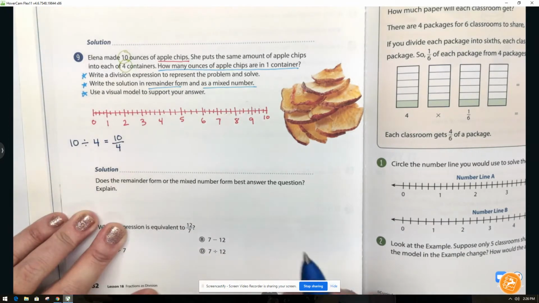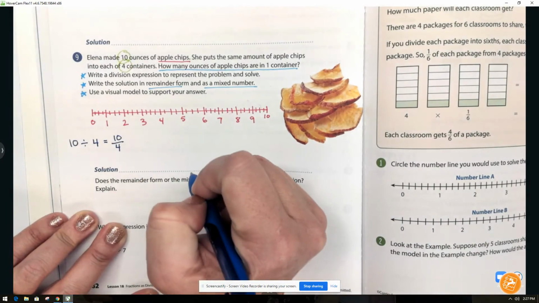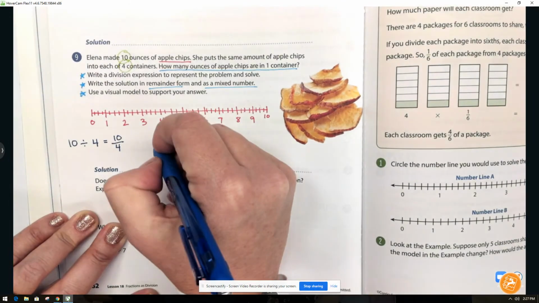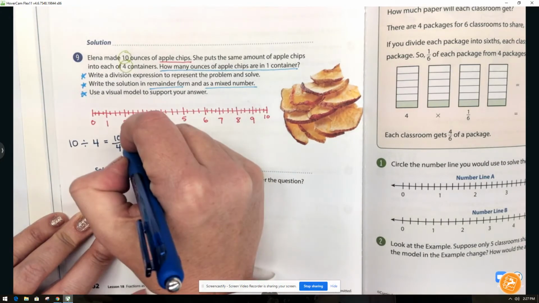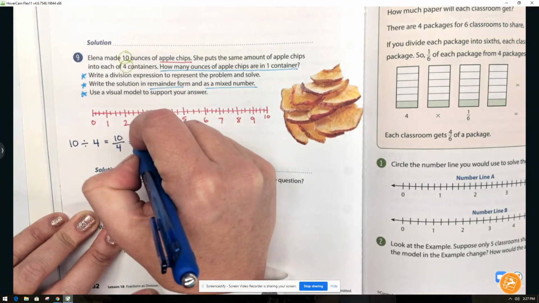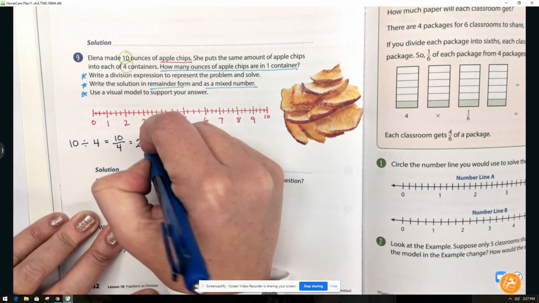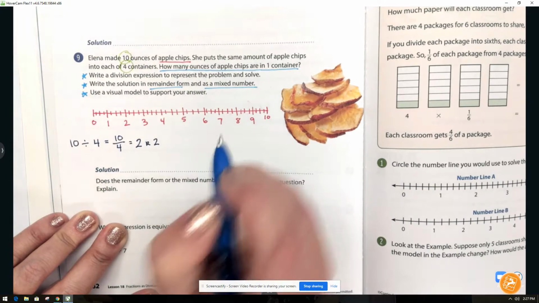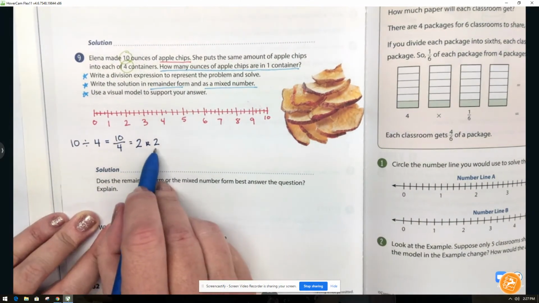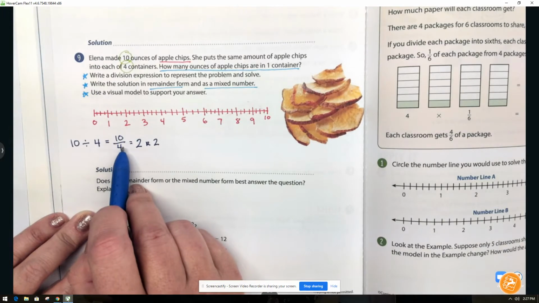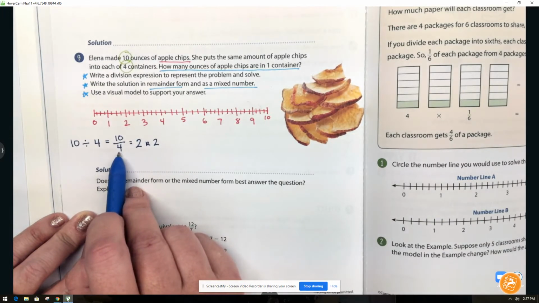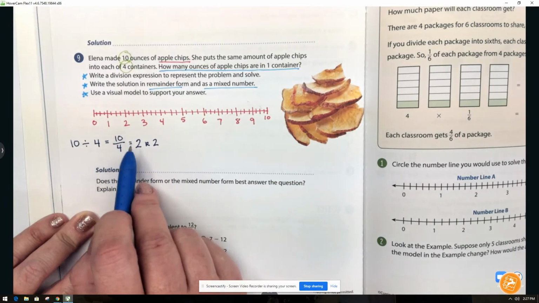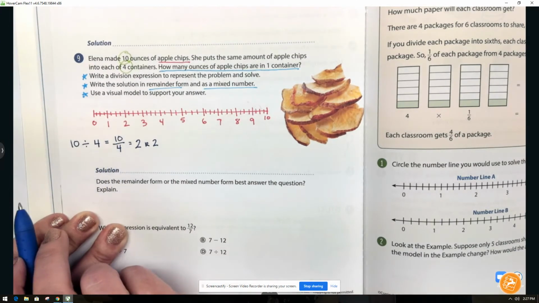Well, 4 goes into 10 2 times because 2 times 4 is 8. And then we have 10, so that means that we have 2 left over. So this equals 2 remainder 2, because 10 has 2 groups of 4, which is 8, and then 10 minus 8 is 2, and that's our remainder.